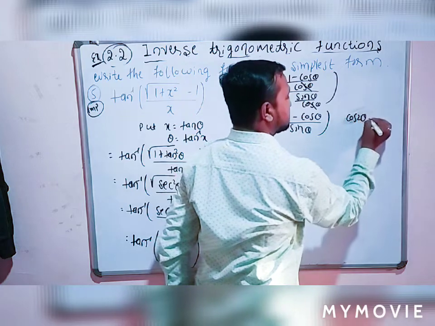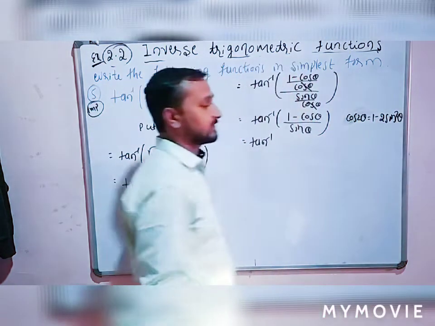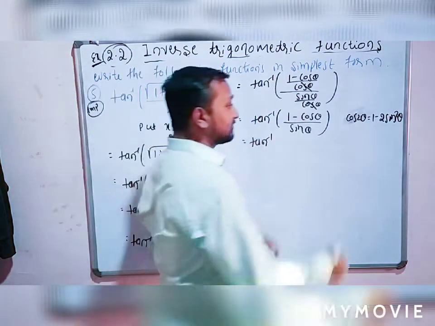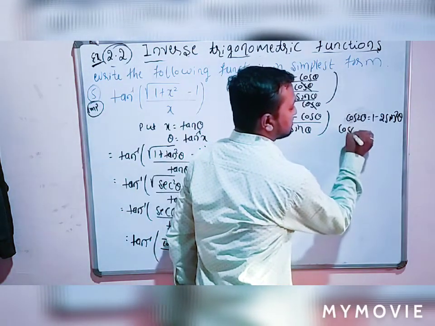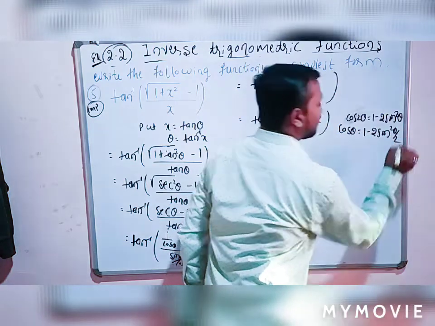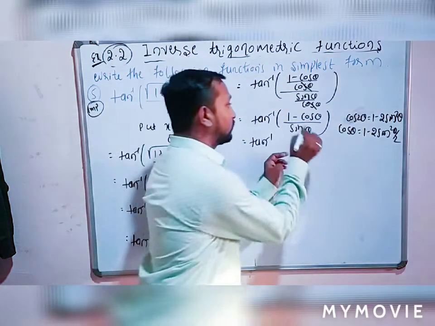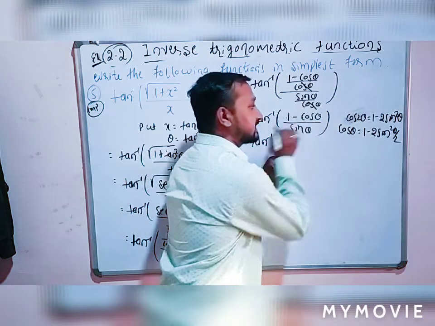cos 2 theta is equal to 1 minus 2 sin square theta. Its half angle formula is cos theta equal to 1 minus 2 sin square theta by 2. Is that clear? We need the 1 minus cos theta step.